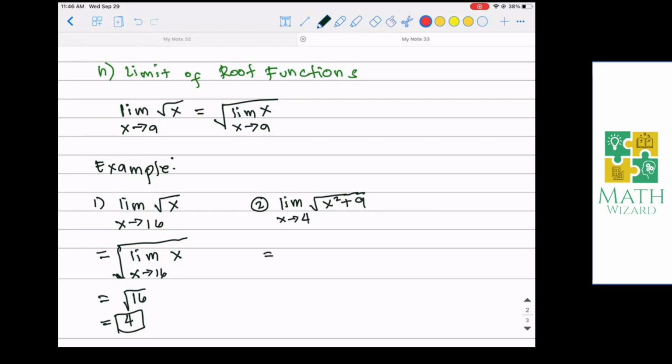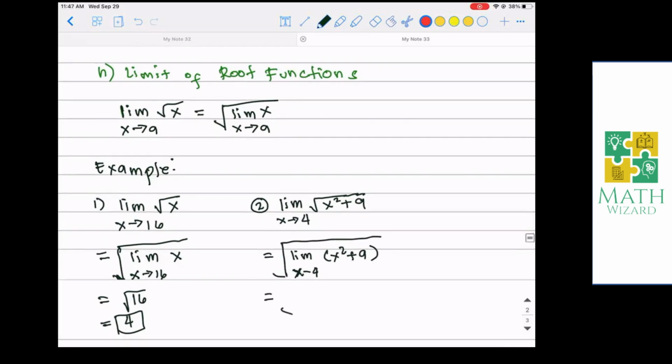Kunin muna natin yung limit ng nasa loob ng radical sign. So this becomes the limit of x squared plus 9 as x approaches 4. And then, ilabas natin yung radical sign. So this becomes the limit of x squared as x approaches 4 plus the limit of 9 as x approaches 4.